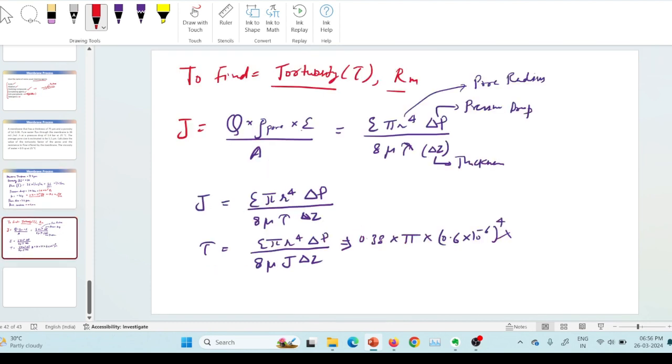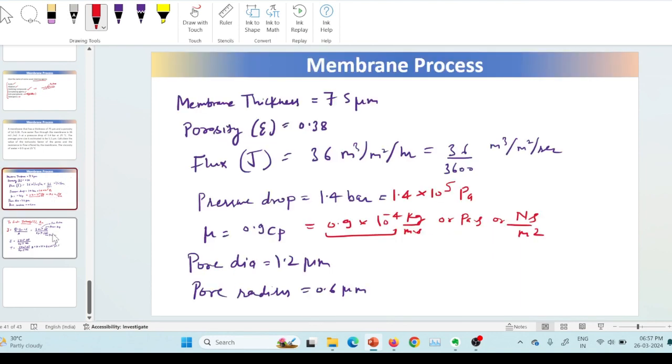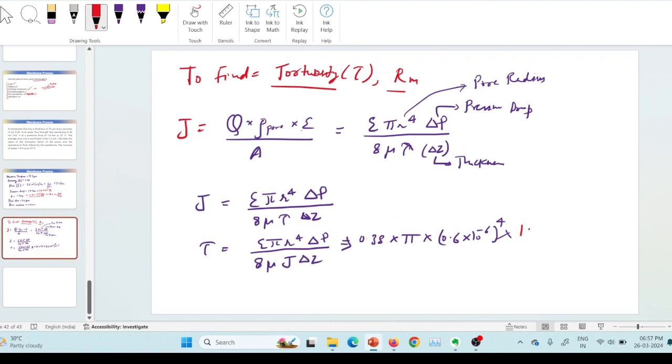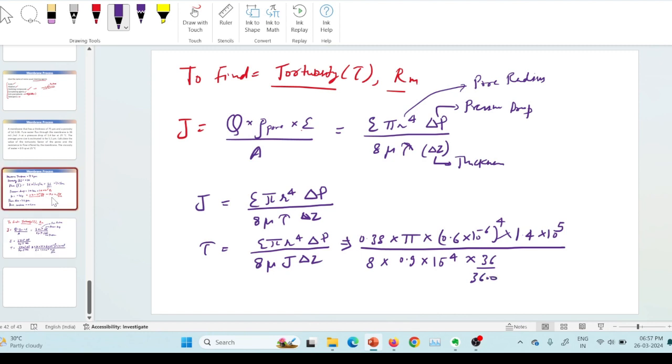So if we solve this, 0.38 pi into 0.6 into 10 to the power minus 6, pressure drop was 1.4 into 10 to the power plus 5, not minus 5, and then 8 into dynamic viscosity, which is 0.9 into 10 to the power minus 4, into J, which was 36 divided by 3600 per second.